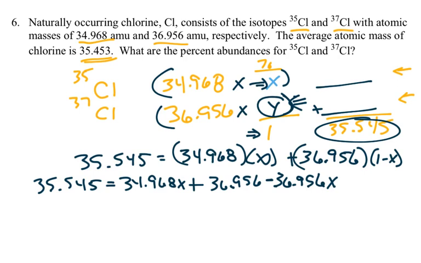So combine the things that have the X's. This one has an X, this one has an X. So you take this number minus this one. And we have to move this thing to the other side. So to do that, we subtract it from both sides.